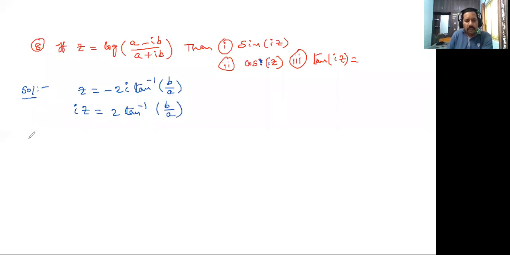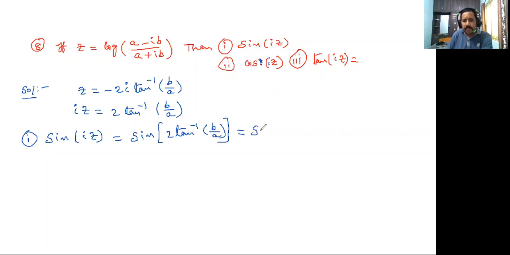Okay. Now I am going to discuss the first bit, sine of iz. That is sine of 2 tan inverse b by a. Now, 2 tan inverse of x in terms of sine inverse, what is the formula?